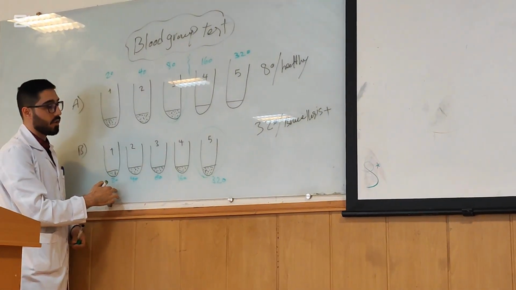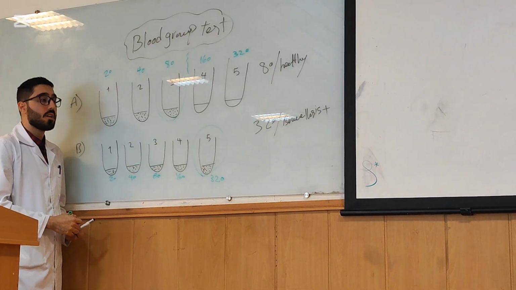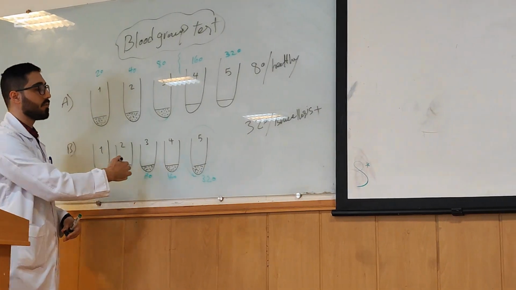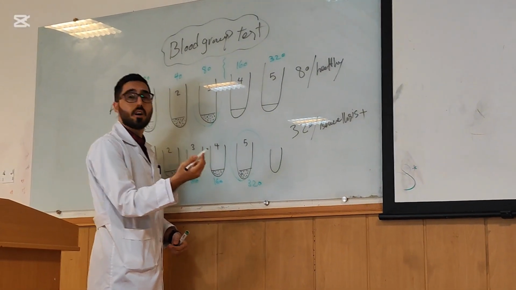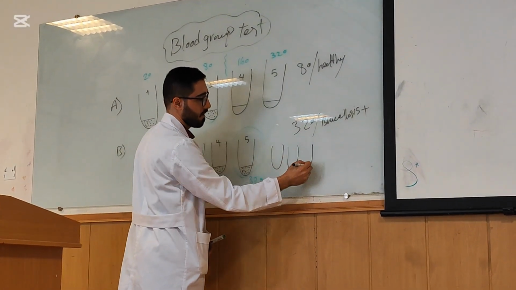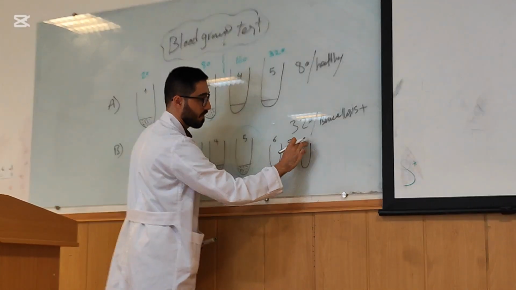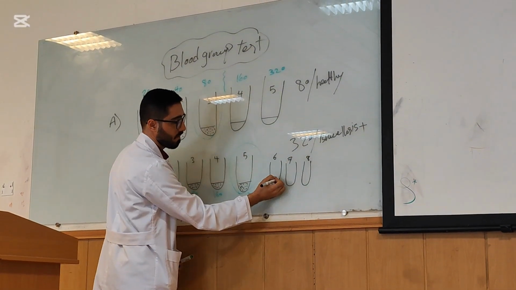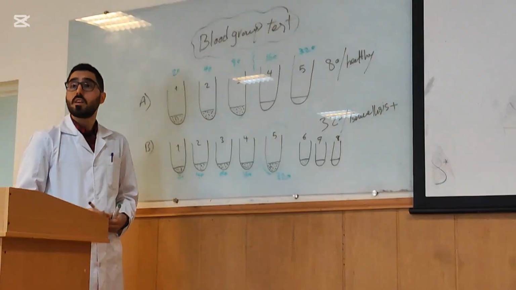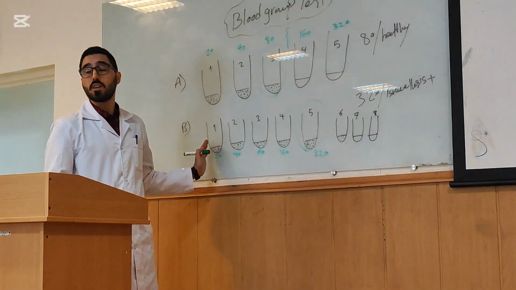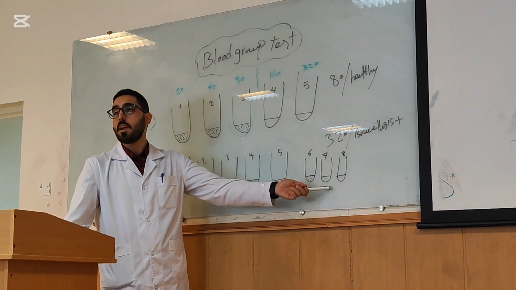This one has agglutination in all of the tubes. In the laboratory, we continue the test until we don't see any agglutination: tube 6, tube 7, tube 8.